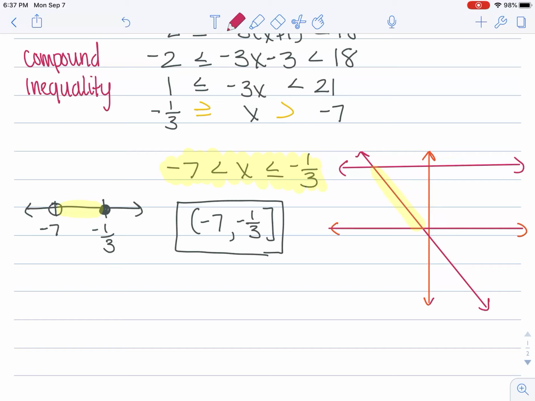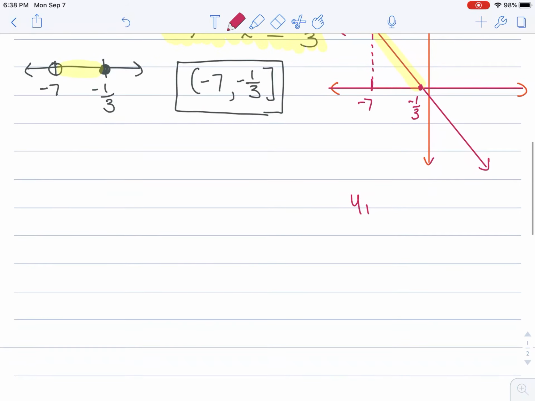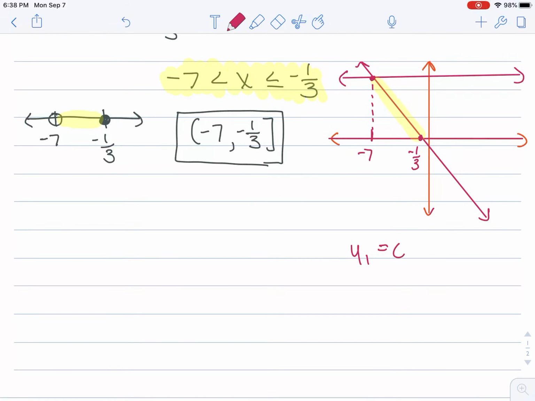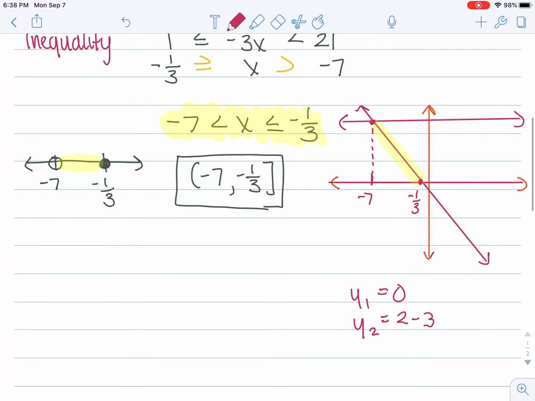So if I dropped this down, this intersection would have been at -7, and then this intersection is at -1/3. And of course, you would tell me what did you plug into your calculator for verifying. So y1 is 0, y2 was the middle portion, and y sub 3 was the top bound.